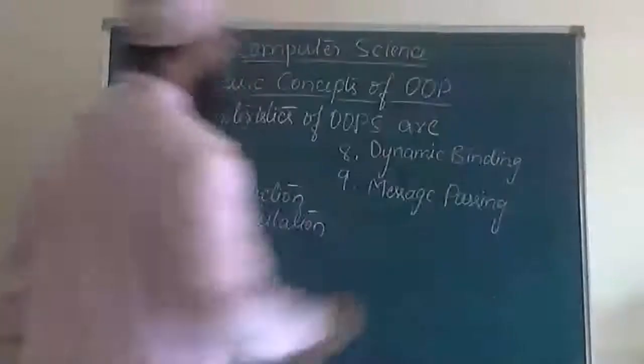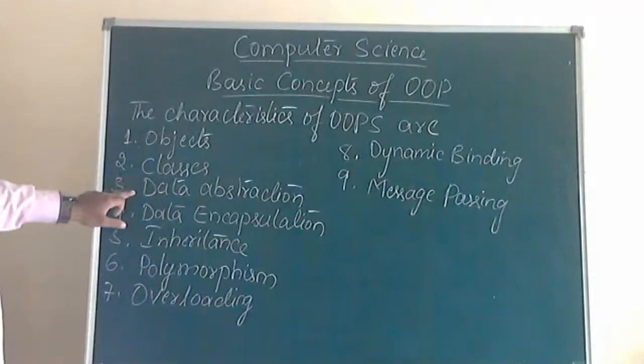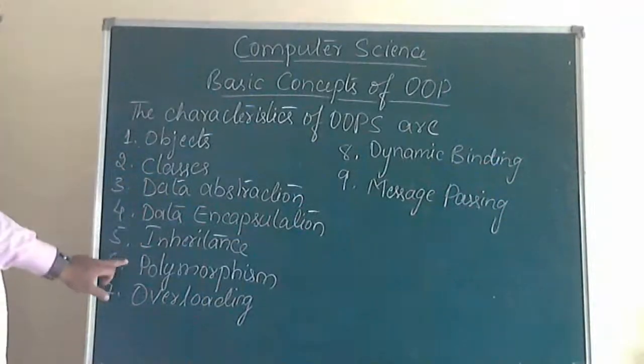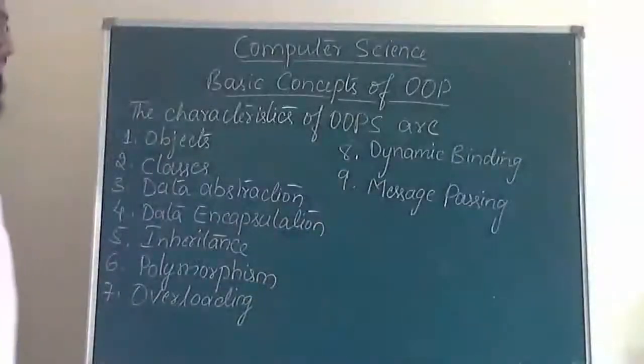So these are some of the characteristics of OOPs, that is objects, classes, data abstraction, data encapsulation, inheritance, polymorphism, overloading, dynamic binding, and message passing.